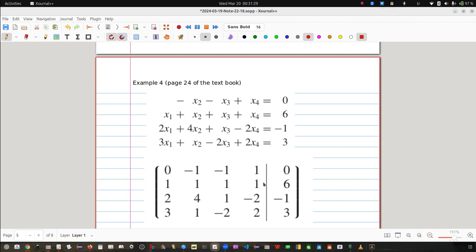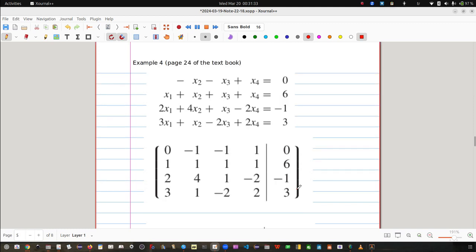The coefficients are here, and this right hand side is here, and we are able to do operations on this matrix very easily. If you multiply this first row by a certain number, the equations are the same equation.